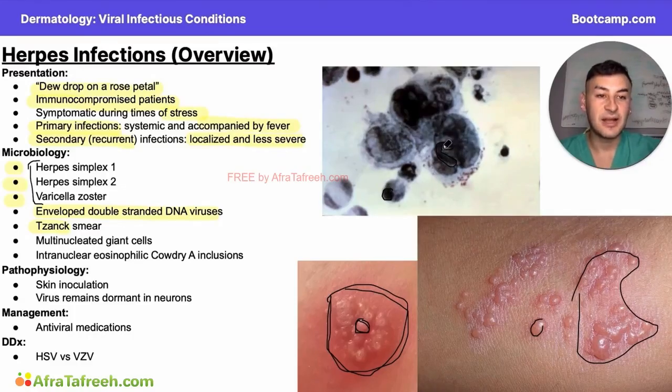Anytime you hear intranuclear inclusion, and it's really important for it to be intranuclear, because we talk about inclusions a lot on step 1. So when you hear intranuclear eosinophilic, Cowdry A, all of those are really hot words for herpes infections. Now, it's really important to differentiate from other types of inclusions, right?